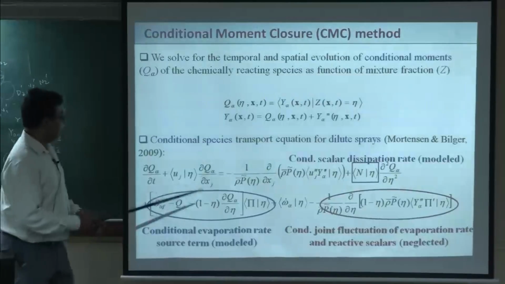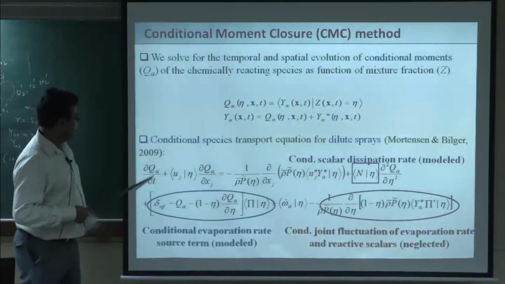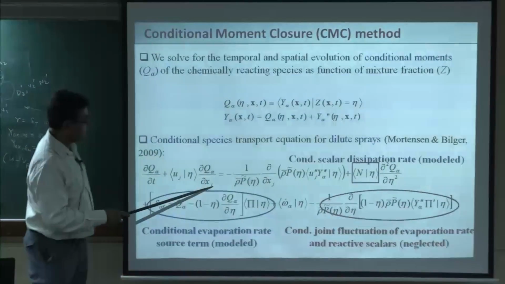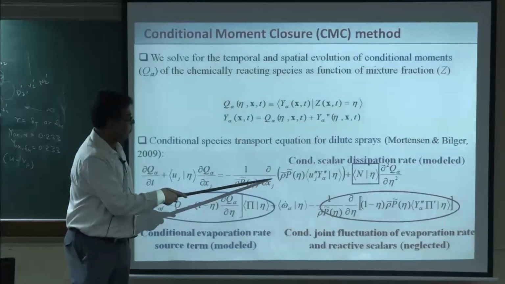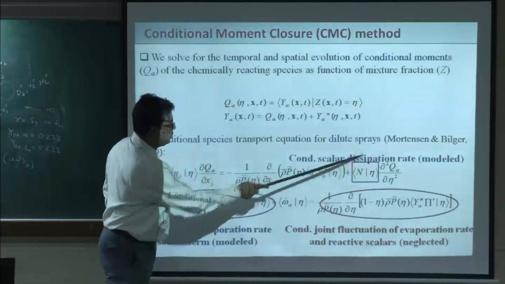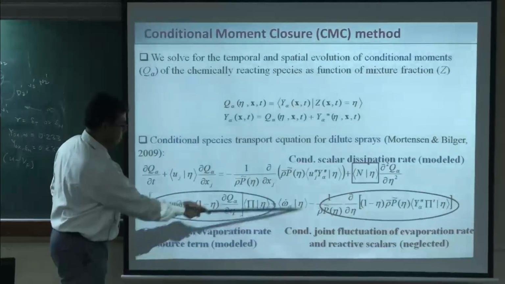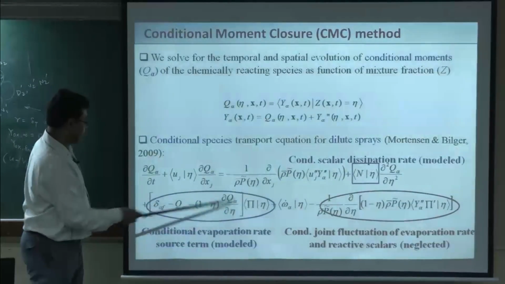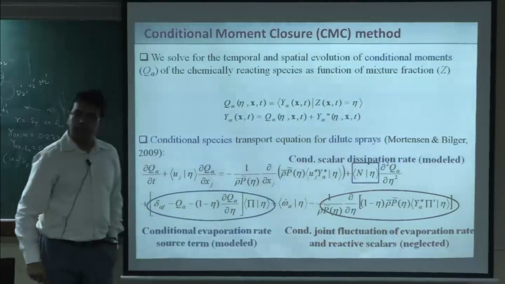Now we express this as a transport equation. This is the temporal term of the conditional scalar, this is the advection term, and you have a diffusion term, then the scalar dissipation rate term, then the chemical source term, the conditional evaporation rate source term, and the conditional joint fluctuation of evaporation term.